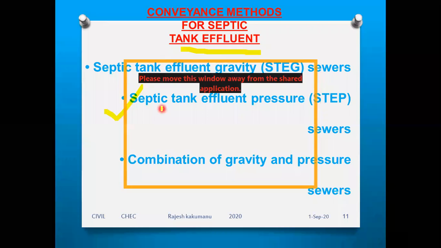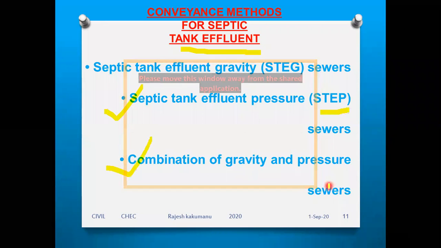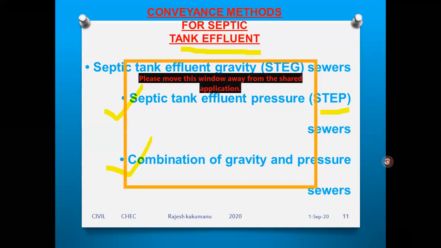Second one, septic tank effluent pressure sewers, STEP. Next, the third method is a combination of gravity and pressure sewers. These are the various types of conveyance methods for the sewage wastewater. There is nothing more in detail here, these are the only methods of conveying the sewage wastewater.